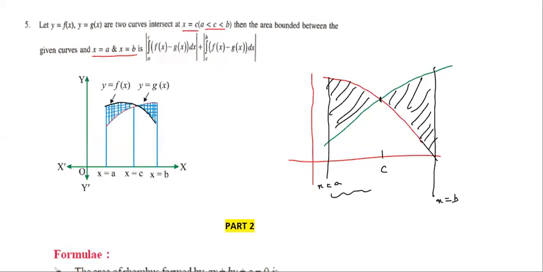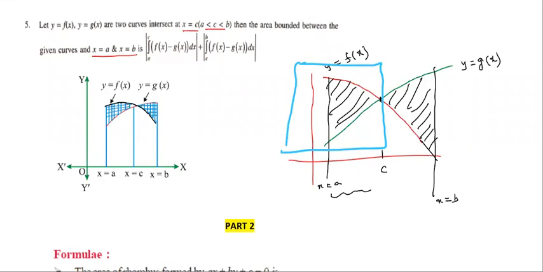From a to c, observe that suppose the red color is the y is equal to f of x curve, and the green color is the y is equal to g of x curve. In the first part, observe which is the upper curve and which is the lower curve.